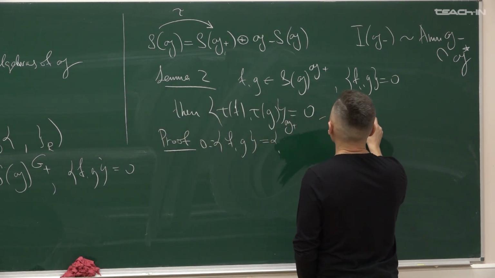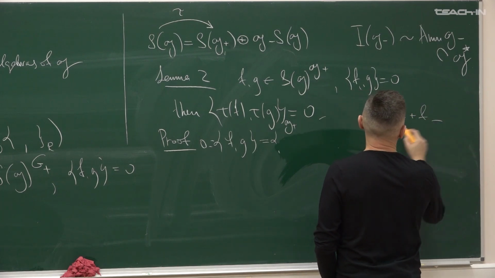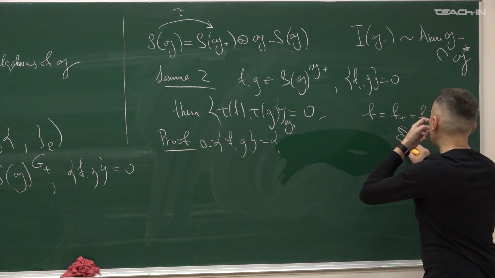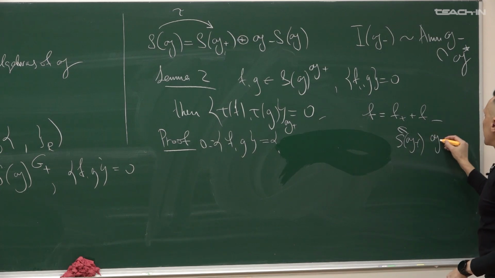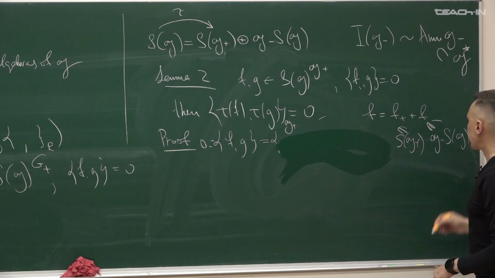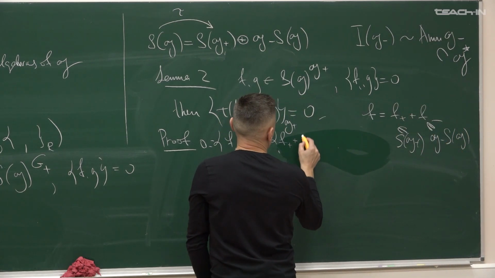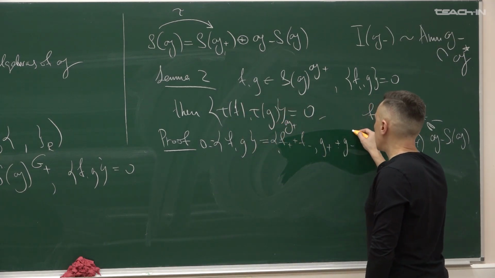So f is equal to f plus plus f minus, where f plus is an element of S(g plus) and f minus is an element of the complementary subspace. And this is f plus plus f minus, g plus plus g minus.